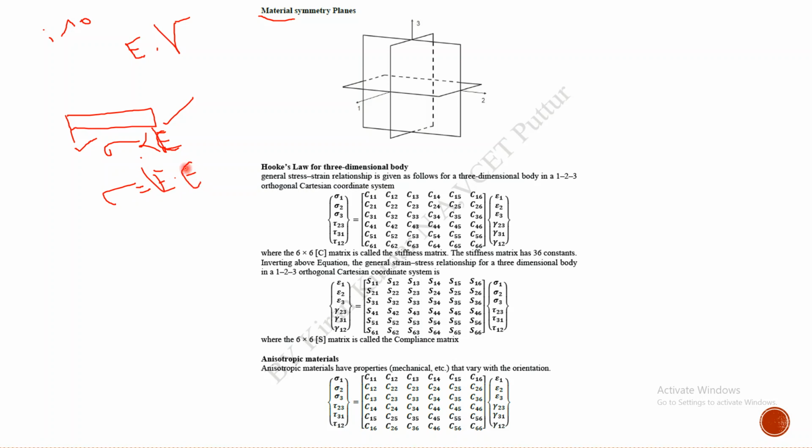This exists in this direction, in this direction, in any direction if I take. You know what this equation is? Hooke's law is applicable. And Hooke's law is applicable for isotropic materials.